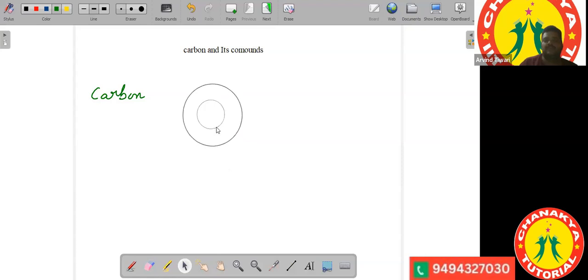At the center is the nucleus, with 6 neutrons and 6 protons. The electrons are 2 in the inner shell and 4 in the outer shell.